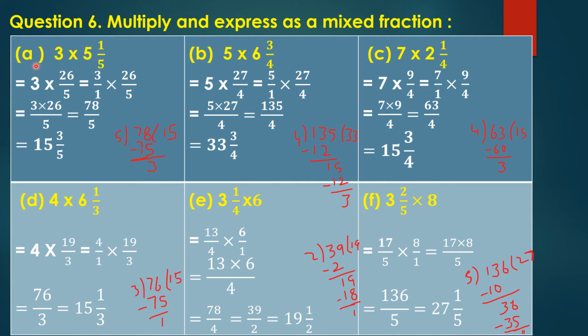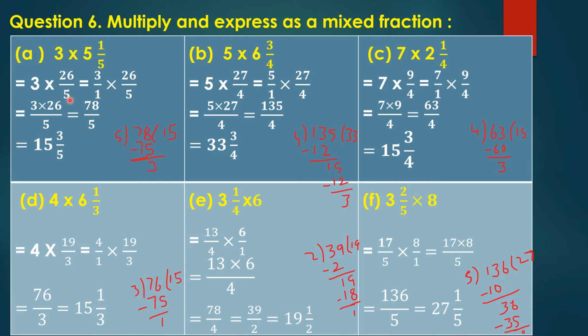The first question is 3 into 5, 1 by 5. So here first what we have to do is convert the mixed fraction into an improper fraction, and then multiply with the 3. Therefore 3 into, let us write it down as it is, and 5, 1 by 5 will become 5 5s are 25, 25 plus 1, 26.